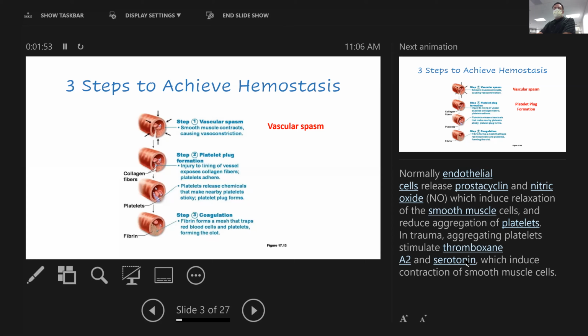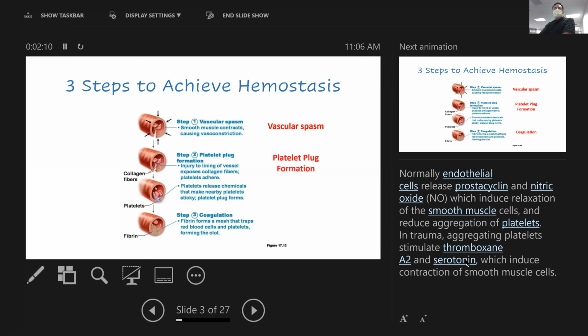During times of trauma, other chemicals are released, which cause the smooth muscles to contract, resulting in vascular spasms. So the first step in achieving hemostasis is vascular spasm.